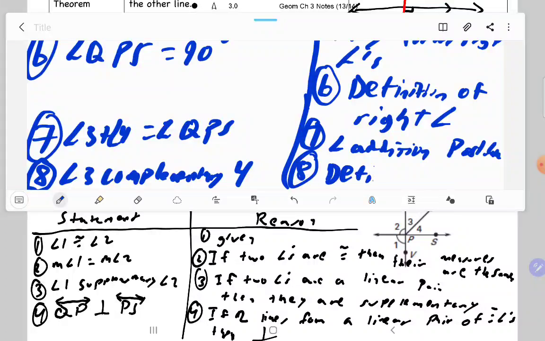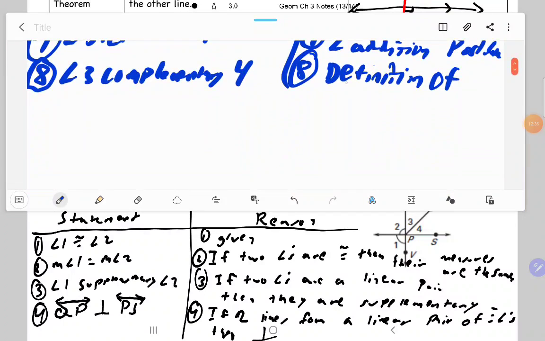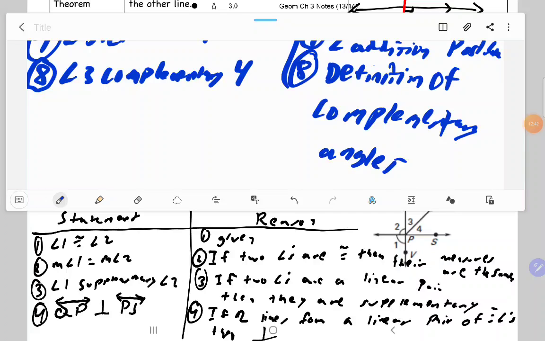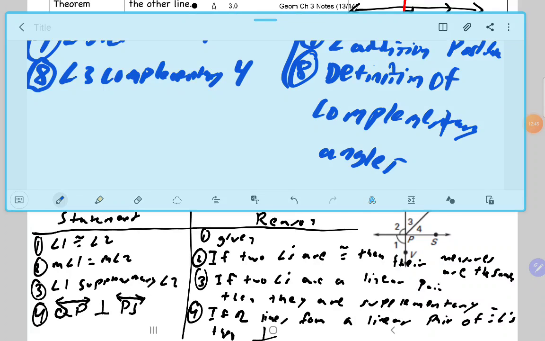If 2 angles add up to 90, then they're complementary. Definition, complementary angles.